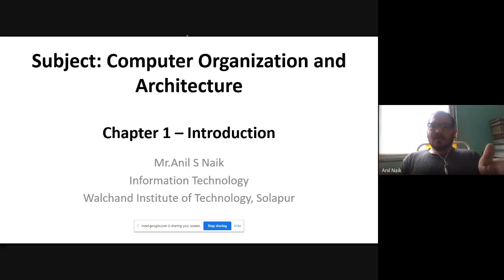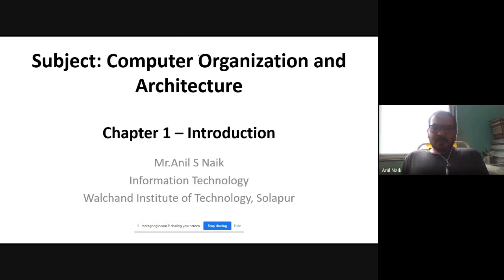But from last year they are combined into one subject, because IT students are given more focus on programming, that's why Python and all were added. In this subject you will study all the basic concepts of the computer and how we can modify and develop new, different computer architectures.